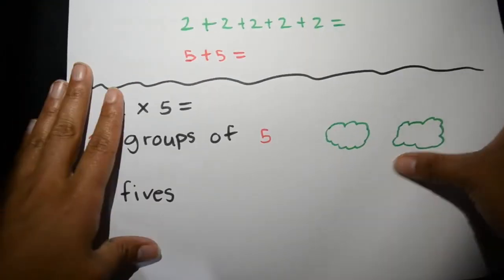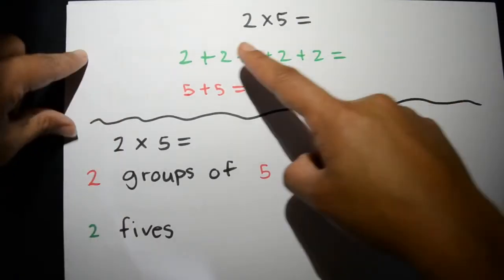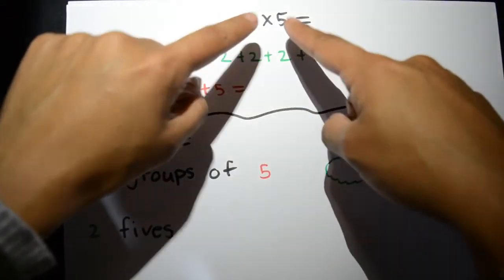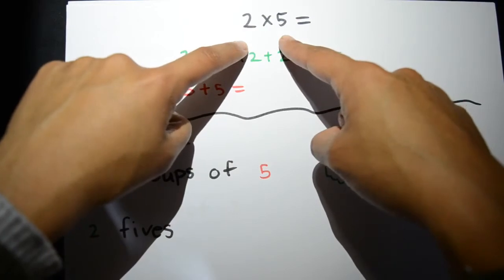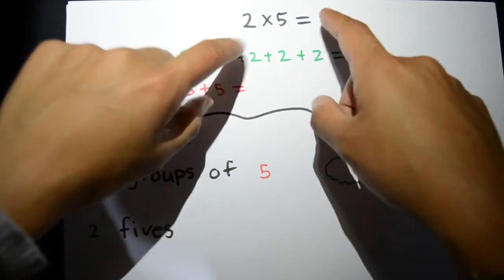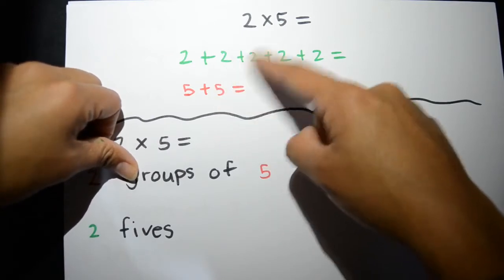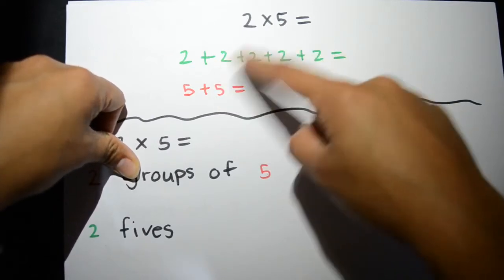Like I said here, 2 times 5, even if you write it like that, or the other way around, you can do it both ways. It doesn't matter, you'll still get to the same answer.